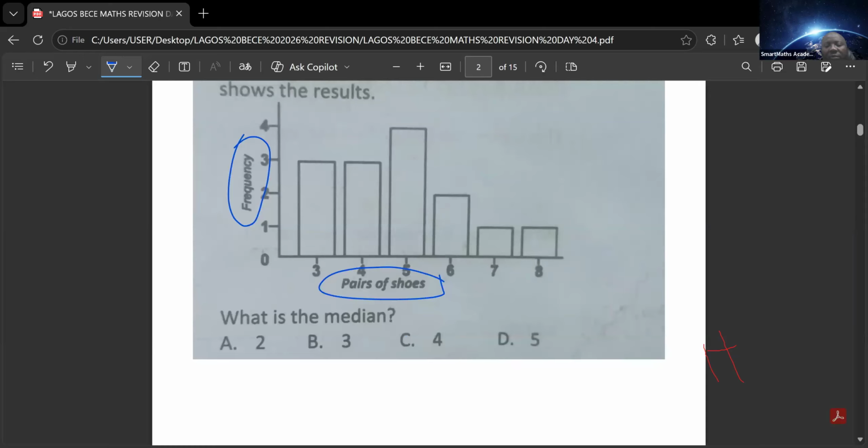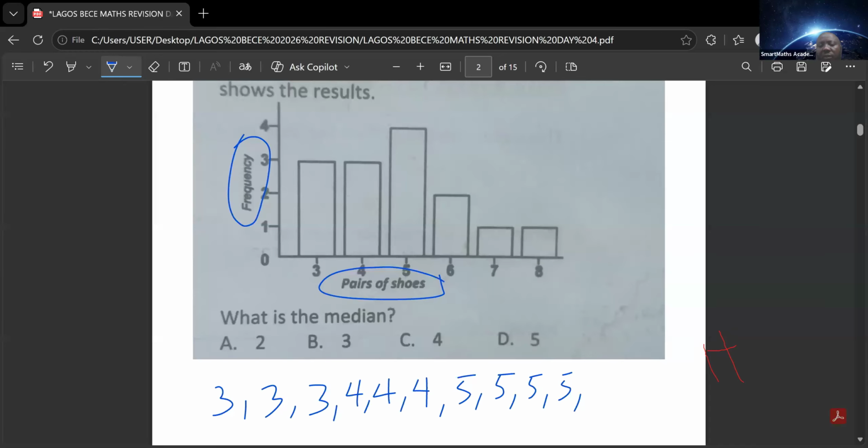You write it 3 times. 4 also appears 3 times. You write 4, 4, 4. And 5 appears 4 times, so we write 5 four times. 6 appears 2 times, so we write 6, 6. 7 appears once and 8 appears once.